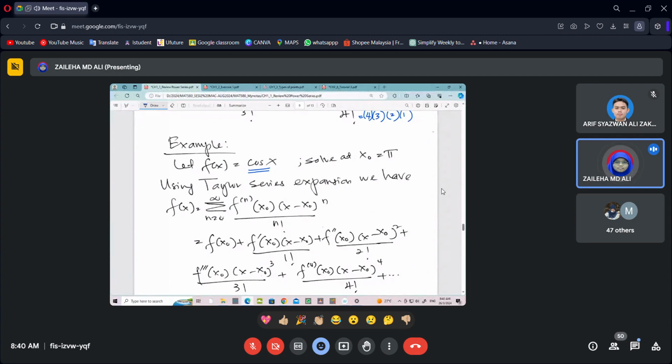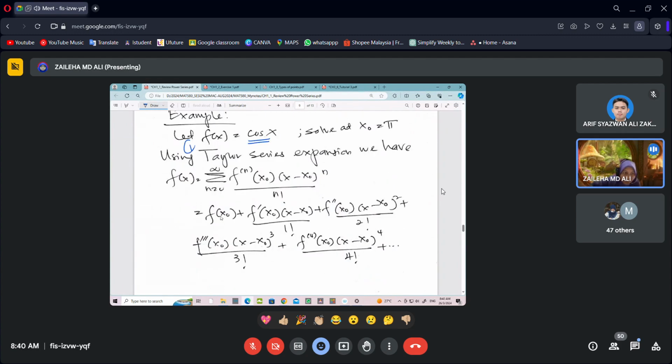Okay, contoh sebab saya letak pi because kalau pi ni senang nak calculate kan. So using Taylor series, so this is the first thing that you need to mention. Method. Nombor satu is always method. So this method converting non-polynomial to poly is always Taylor series. So that is the first thing that you need to do.